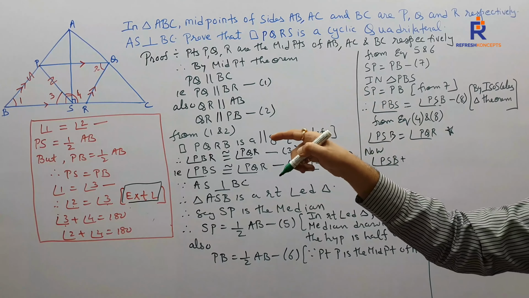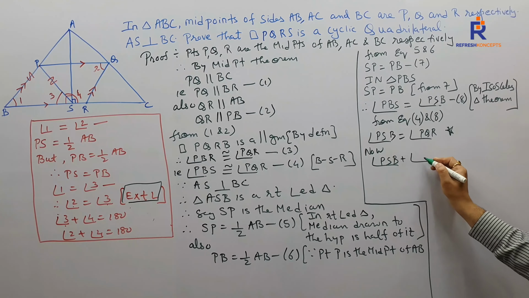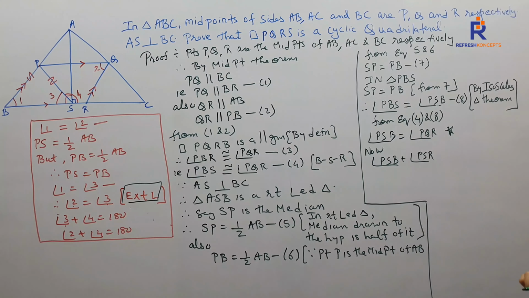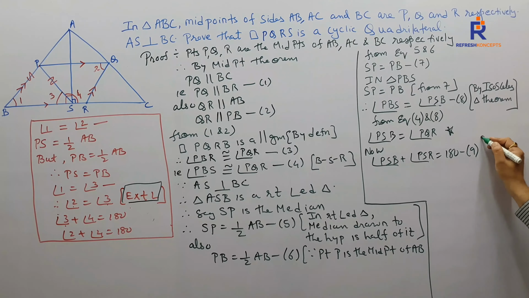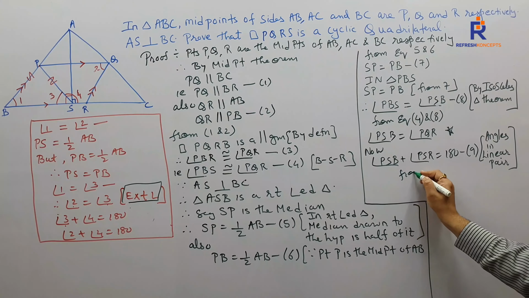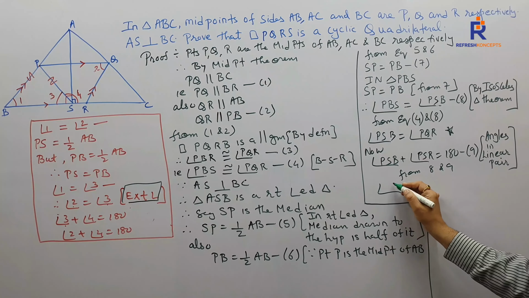Now, what is PSB plus PSR? PSB plus PSR is 180. Reason, equation number 9: angles forming a linear pair. From 8 and 9, what will I get?